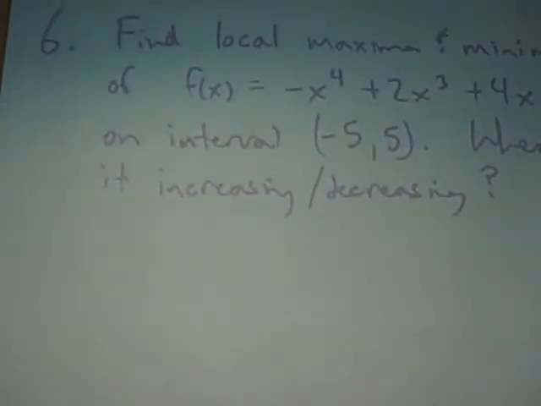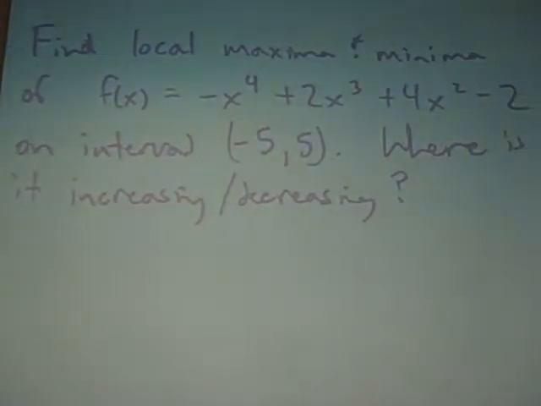Number 6, we want to find the local maxima and minima of this particular function, then where it is increasing or decreasing. If I move this down, you can see it now. So what you want to do is go ahead and plug in negative x to the 4th plus 2x cubed plus 4x squared minus 2.